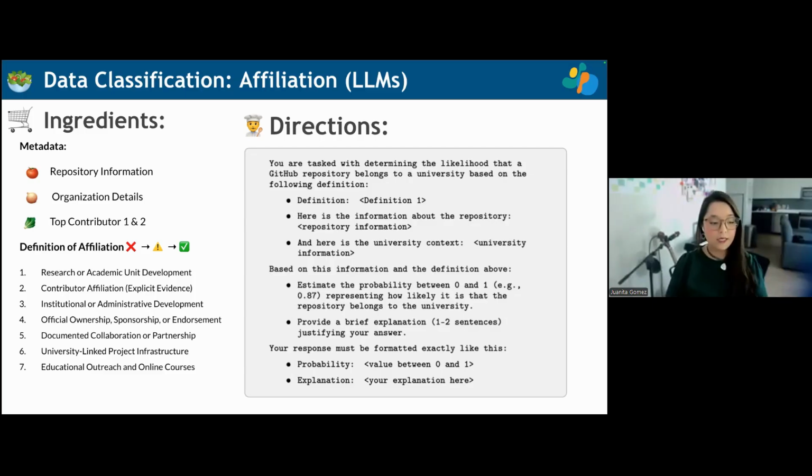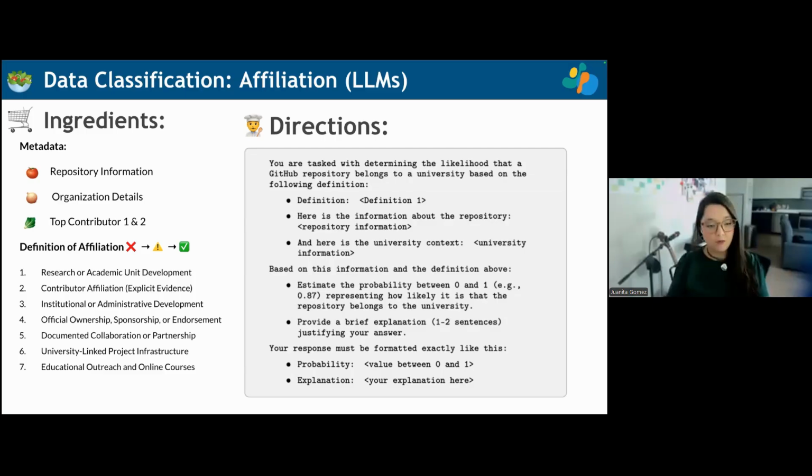But basically, this covers things like the contributors' emails match the domain of the university, or the README says specifically that this is a project from XYZ university, or for example, the license belongs to one university, or it says that there is a collaboration between this university and this other university. So it's basically different signals that could indicate that the project is actually affiliated with the university.